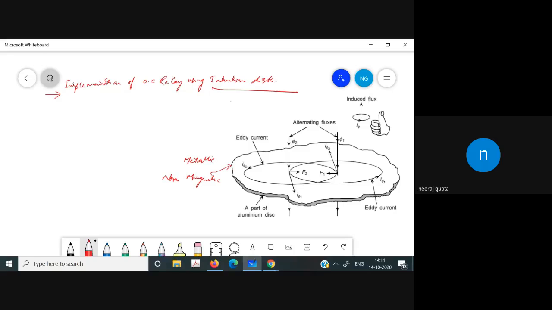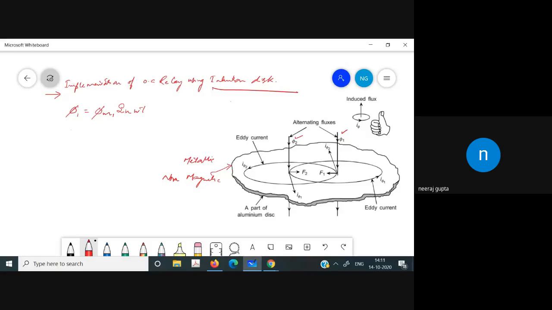Now in this case, we will have the flux phi1 and the flux phi2. Let the flux phi1 be given by phi m1 sin omega t.